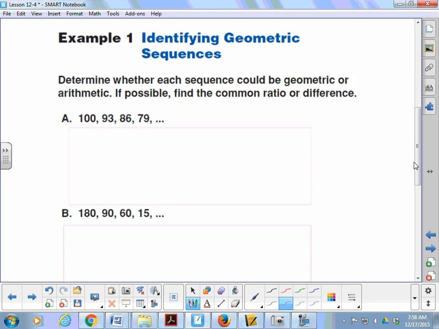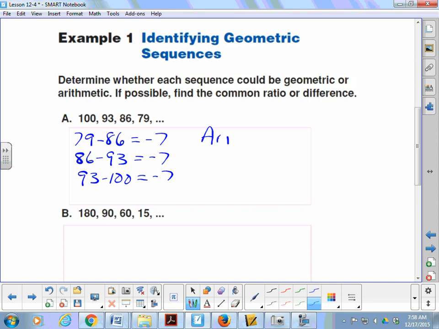So the first thing I'm always going to look for is a common difference. Here we have 100, 93, 86, 79. So I subtract a couple of these numbers. 79 minus 86 is negative 7. 86 minus 93, negative 7. 93 minus 100, negative 7. So they all change by negative 7, so this is an arithmetic sequence.